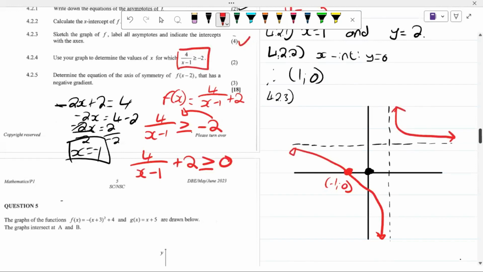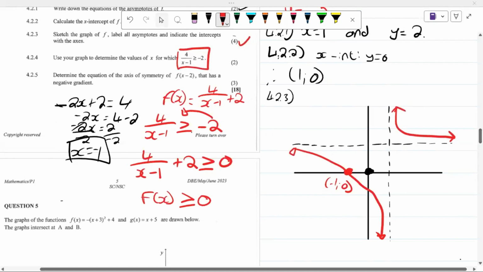So now basically we are looking for the values of x whereby my f of x is greater than or equal to 0. Are we clear with that? Yeah. Sure.